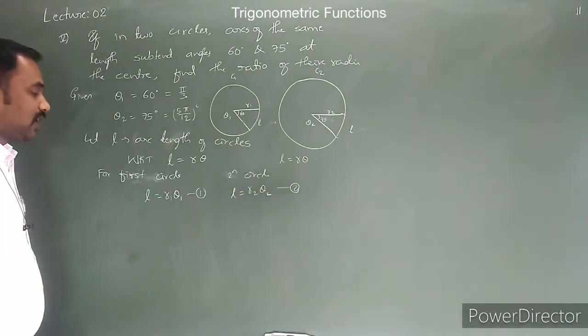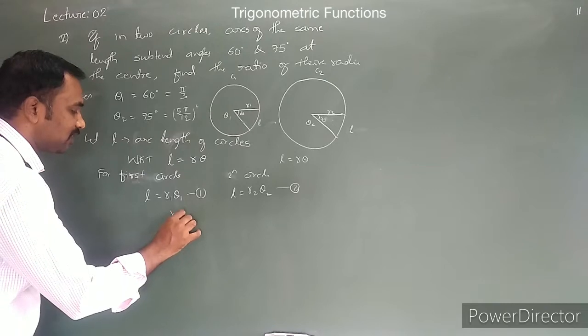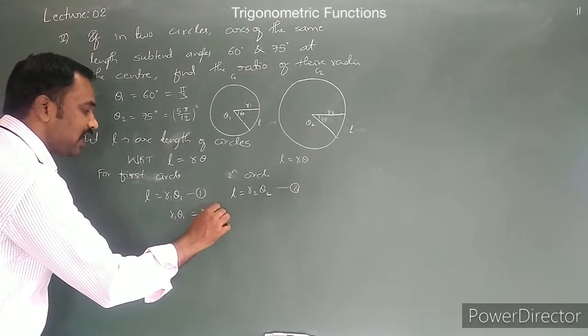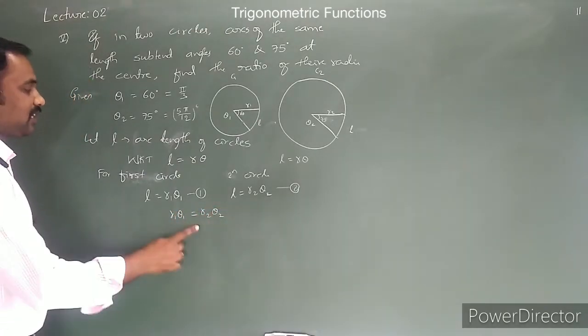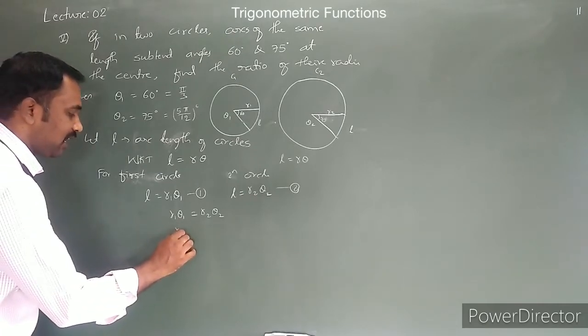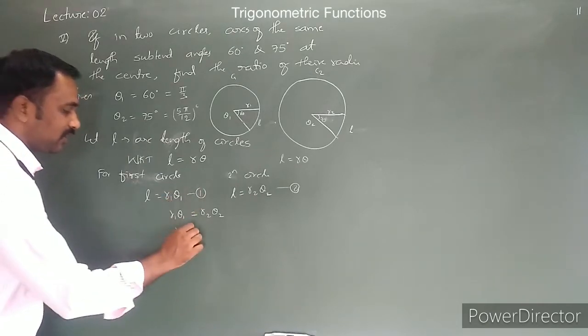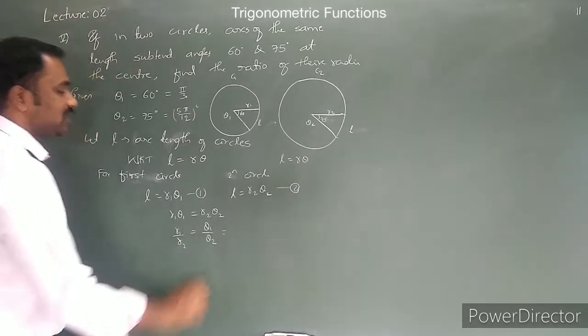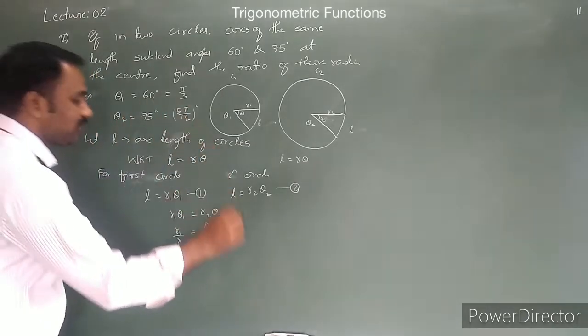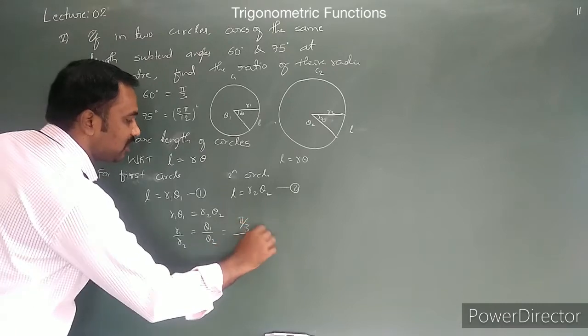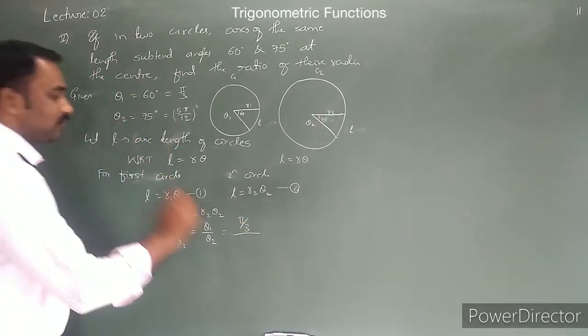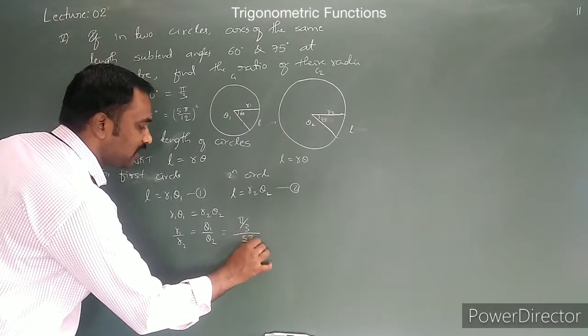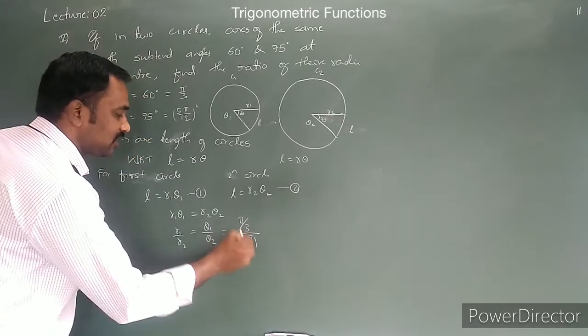Equating equation number 1 and 2, what do we get? r1 theta 1 is equal to r2 theta 2. Simplifying, r1 divided by r2 is equal to theta 2 divided by theta 1, by cross multiplying. What is the theta 2 value? 5 pi by 12. Whole thing divided by theta 1, which is pi by 3.